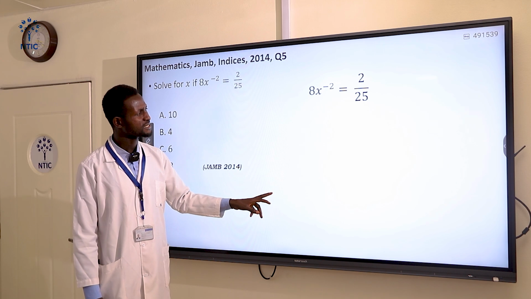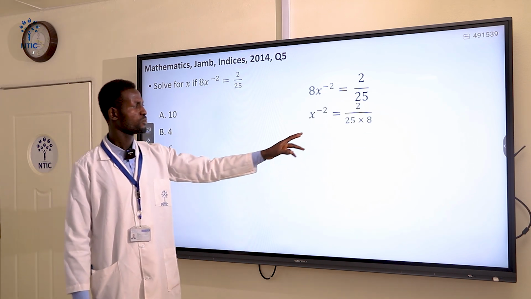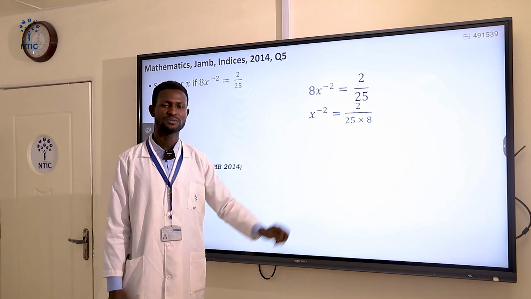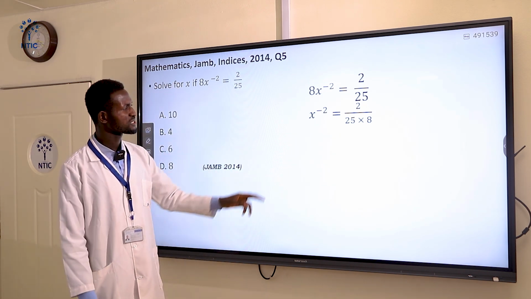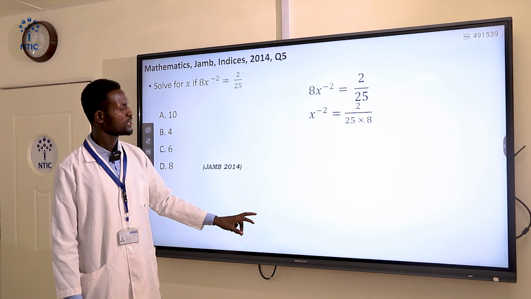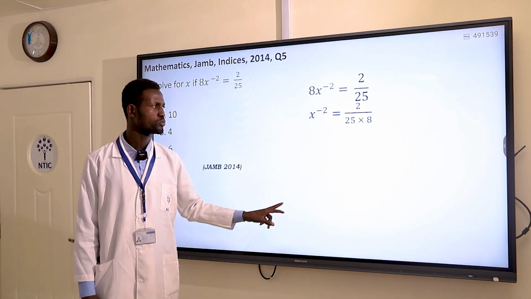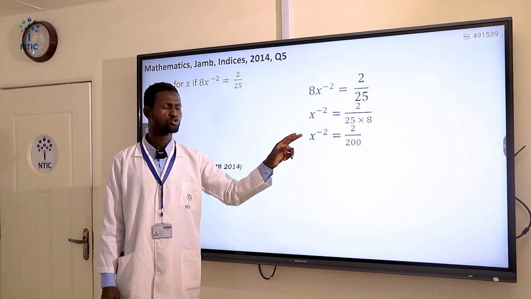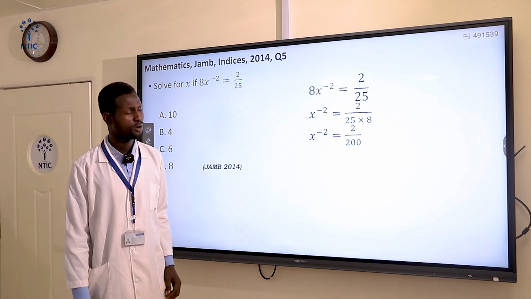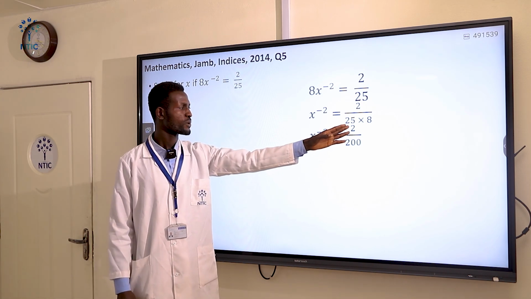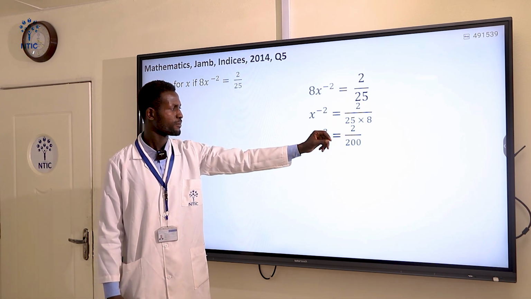So after dividing both sides, we get 2 over 25 times 8. Then we multiply the denominator out. If we multiply out, we get x raised to power minus 2 equals 2 divided by 200.